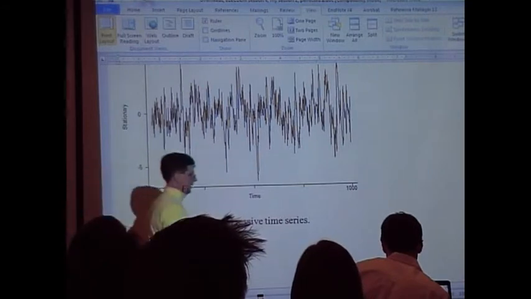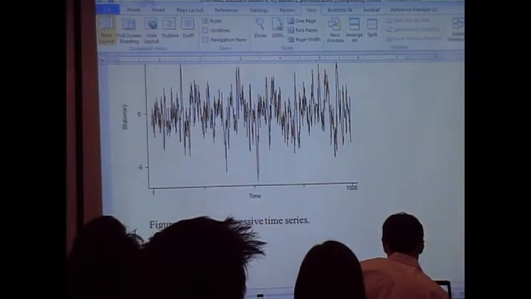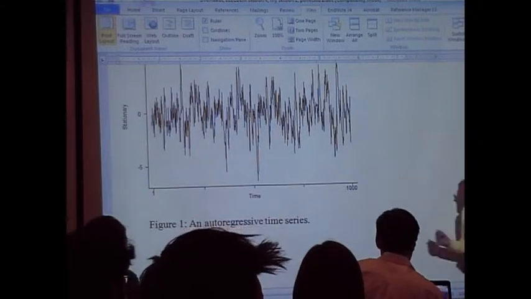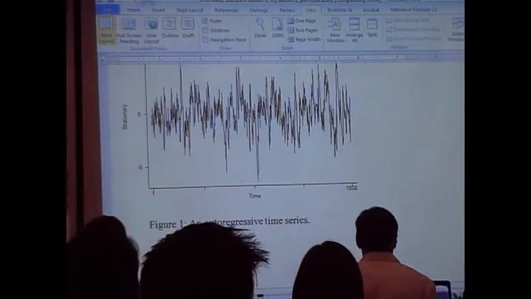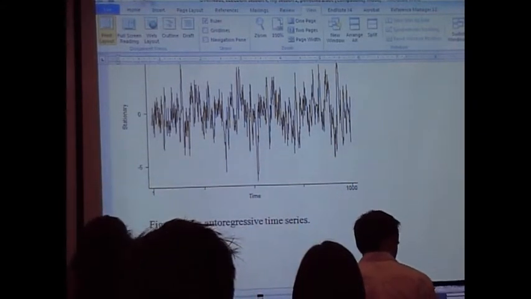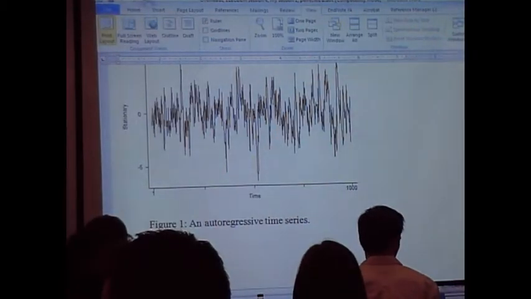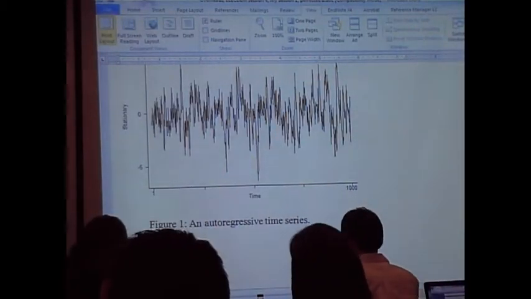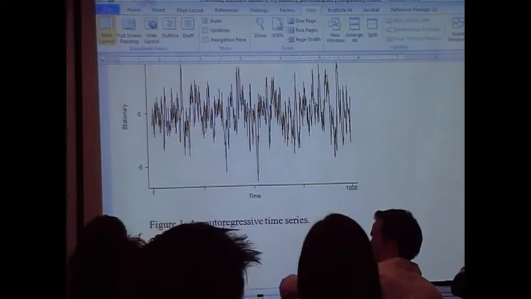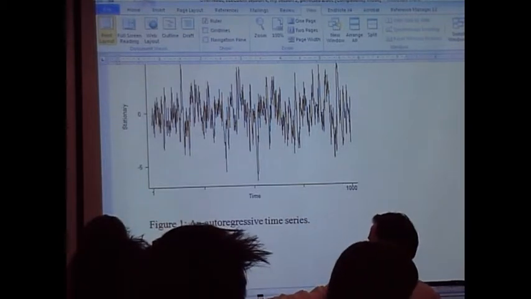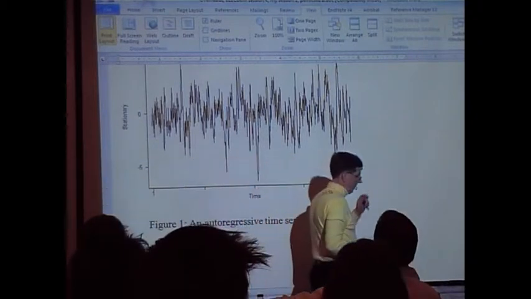First order integration, very good. Right on top of everything, this is great. So ARIMA 0, 1, 0: no AR, no MA, first order integration. So what are you telling ARIMA to do?